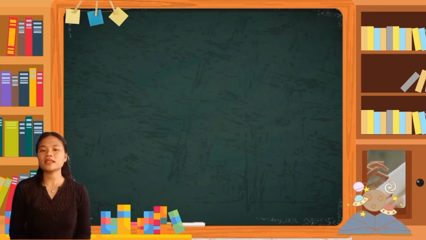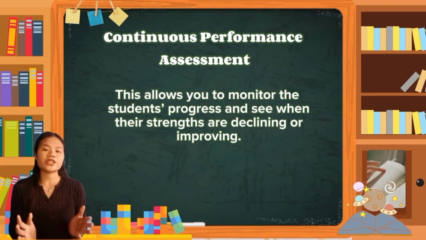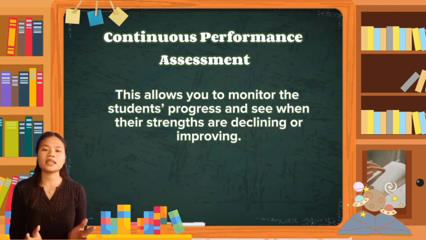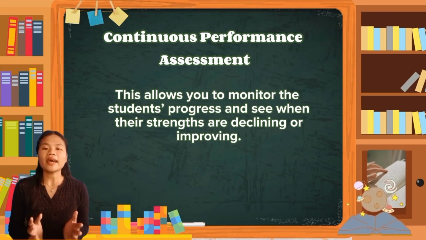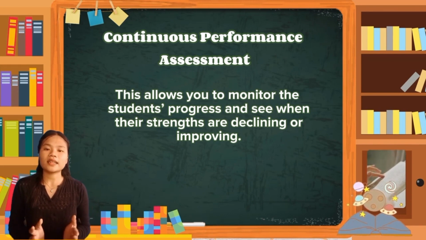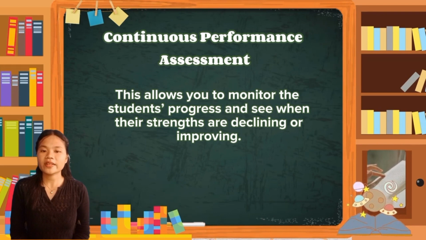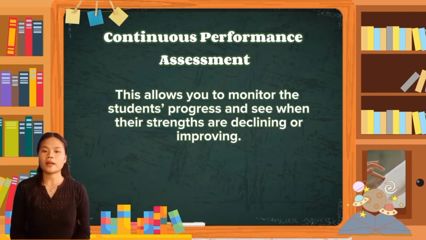And the next component is continuous performance assessment. Unlike traditional assessments, which grade students based on their accuracy, authentic assessment examines students' performance over time and the reasons for that performance. This allows you to monitor the students' progress and see when their strengths are declining or improving.